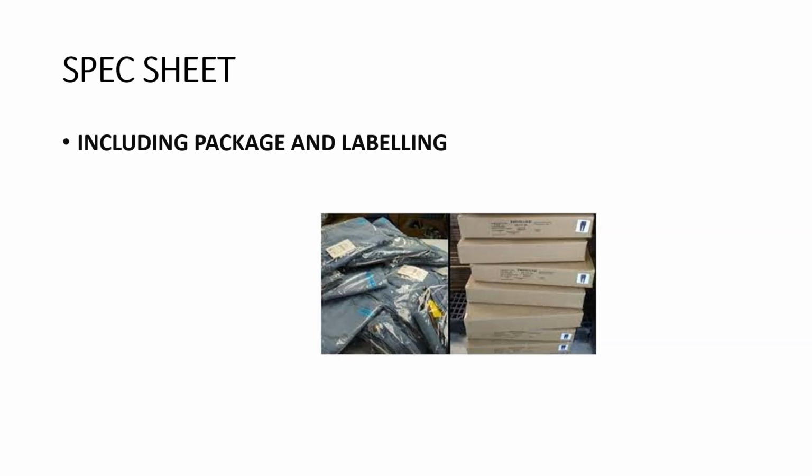So now we understand the specification sheet not only contains the size or different specifications like raw material, accessories, some measurement areas, all these things, but also the particular packaging and labeling information.